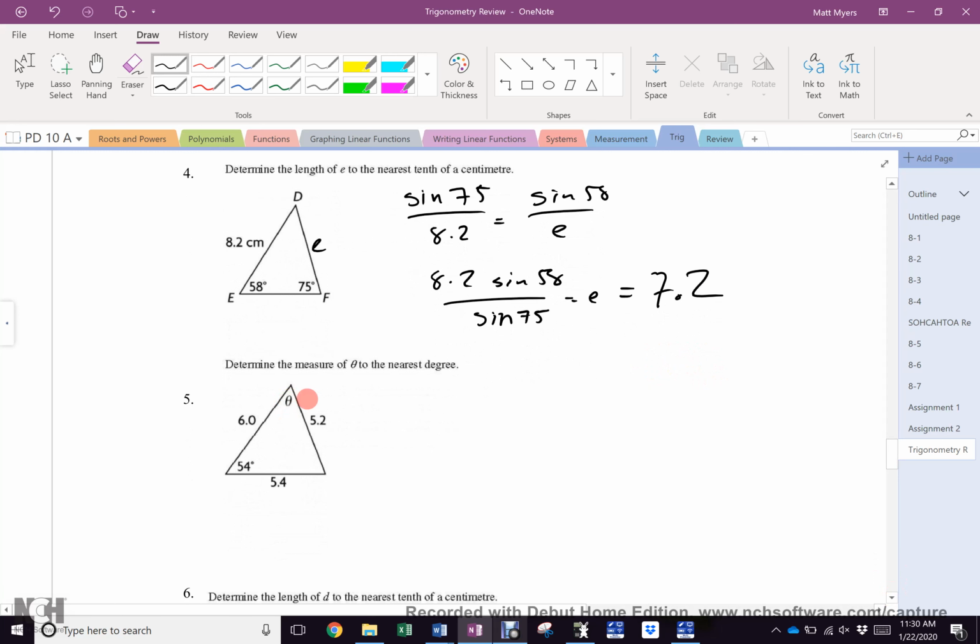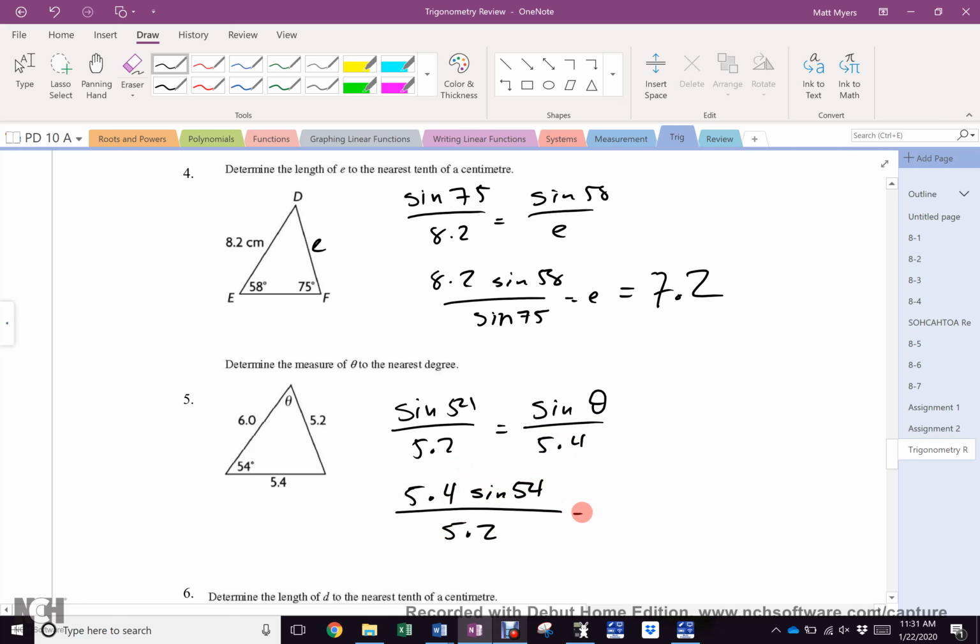Find theta. Sine 54 over 5.2 equals sine theta over 5.4. 5.4 times sine 54 divided by 5.2 equals sine theta.